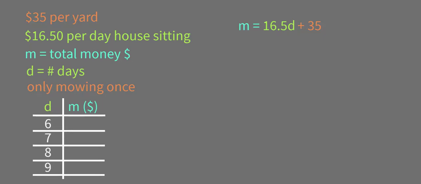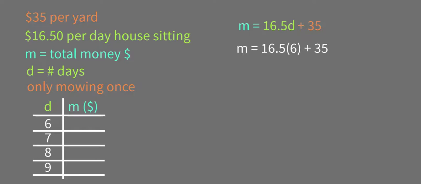And now we're going to fill in our table down here. All we have to do is substitute each one of these values in to see what he's going to make in that number of days if he's house sitting. So let's go ahead and write out these substitutions. We'll start with 6: M equals 16.5 times 6 days plus the $35 for mowing. So what's 16.5 times 6?